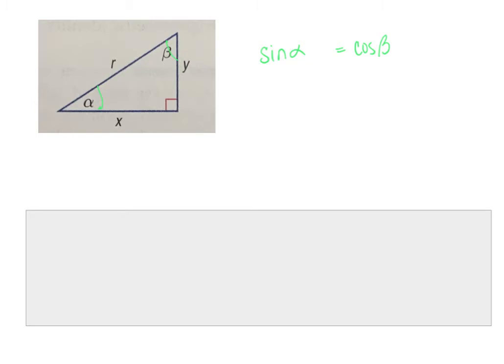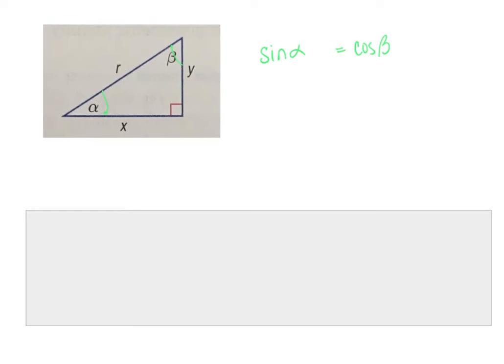And so, for example, if I have a 3, 4, 5 triangle, and we'll just actually do it using this one. So let's say this is a 3, 4, 5 triangle here. All right. My sine of alpha is going to be opposite over hypotenuse, right?